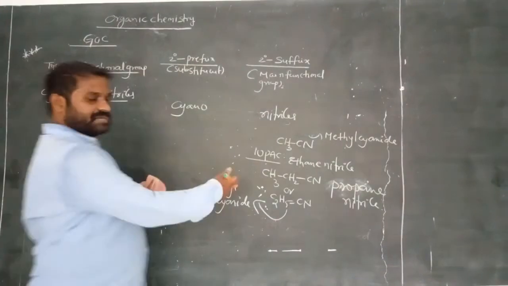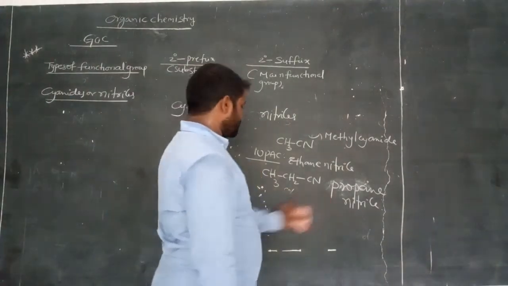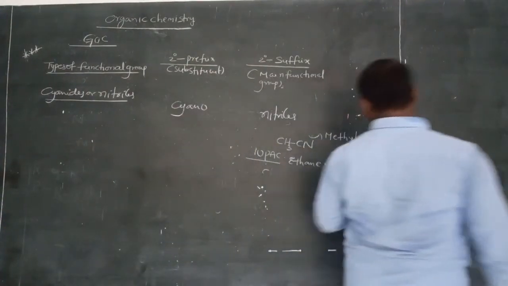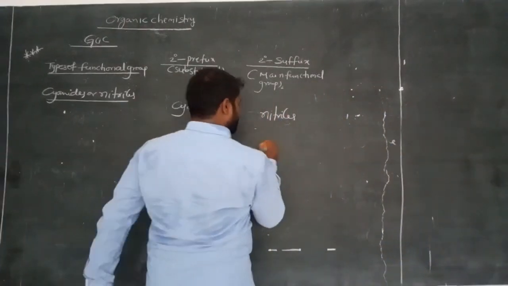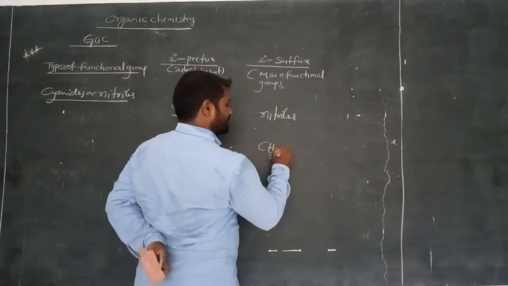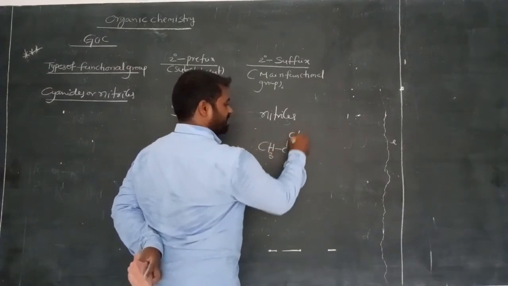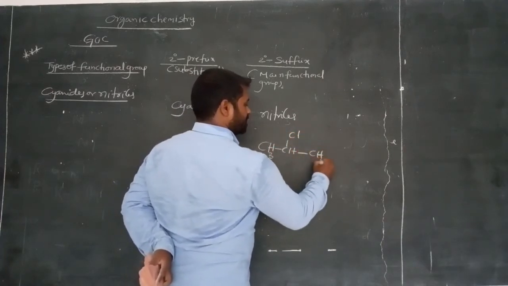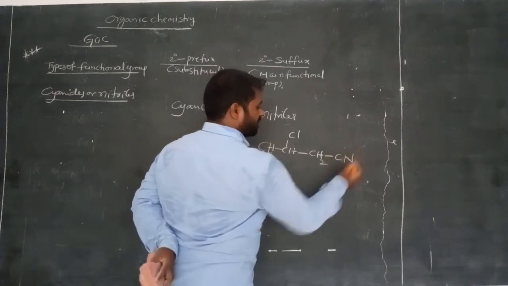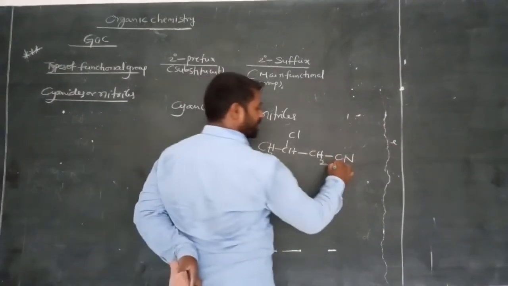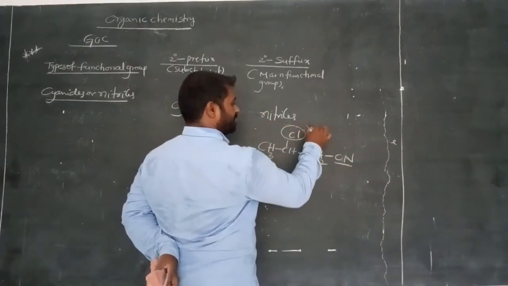If there is any substituent, we have to mention that also. So let's take one example regarding that. CH3, CHCl, CH2, CN. What is the main functional group? This is the main functional group. This is the substituent, am I right?